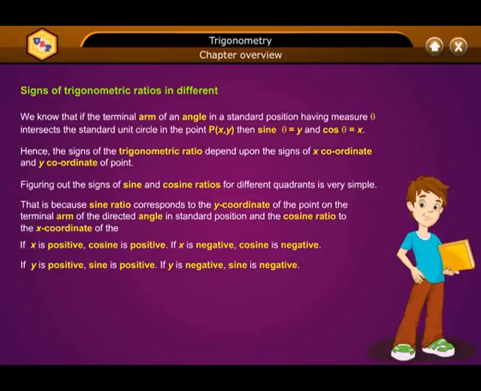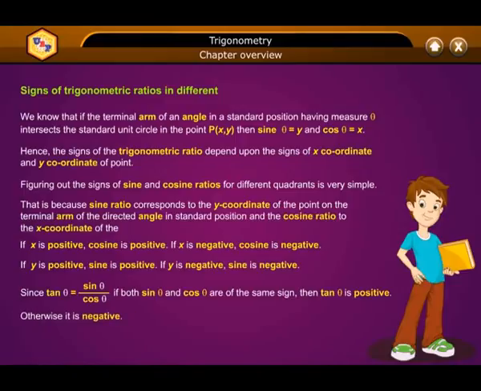If y is positive, sine is positive. If y is negative, sine is negative. Since tan theta is equal to sin theta by cos theta, if both sin theta and cos theta are of the same sign, then tan theta is positive, otherwise it is negative.